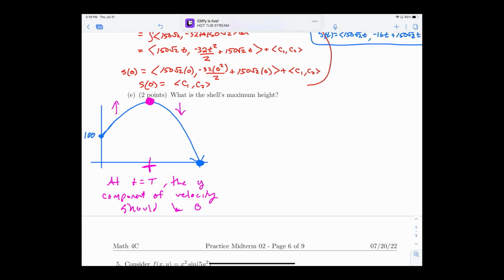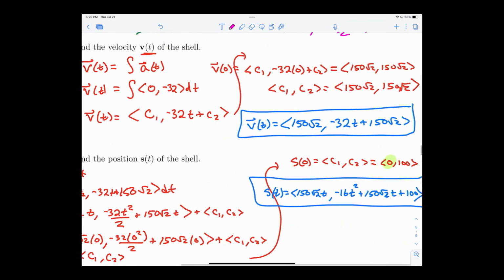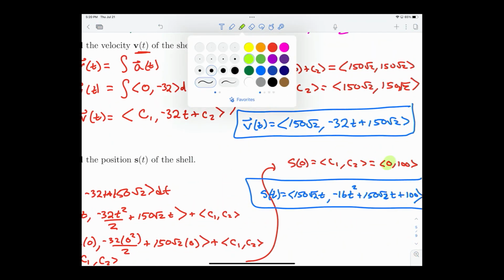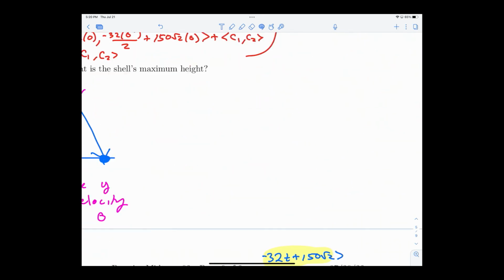That's not the total velocity being 0, that is the velocity in the y direction. Here's the y component of velocity.